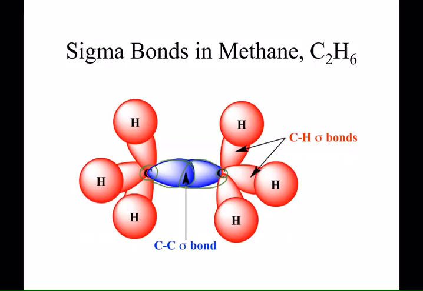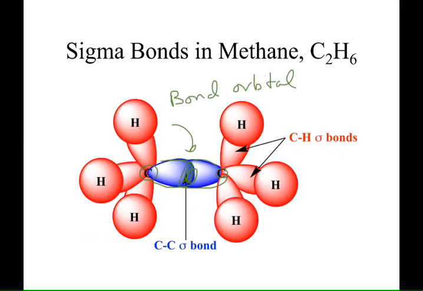And where they intersect, overlap, same thing, that is the bond orbital. That's where the two electrons reside that create the bond. This was the CC bond, in C2H6.